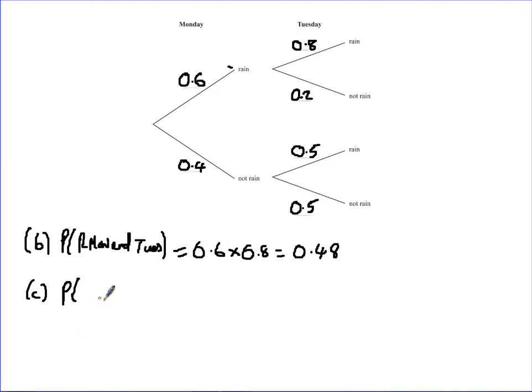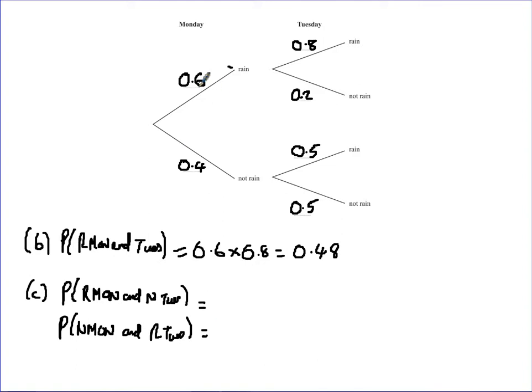So you've basically got the probability that it will rain on Monday and not on Tuesday, and also the probability that it won't rain on Monday and it will rain on Tuesday.